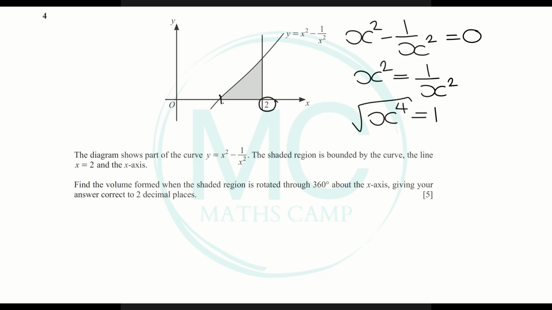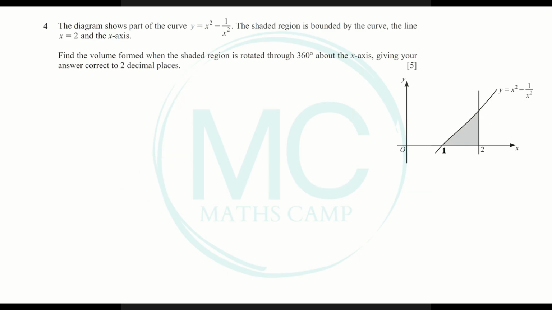Now we can root 4 on both sides, and we see that x could be equal to positive or negative 1. But this curve intercepts the x-axis to the right of the y-axis, where x is positive, which means this value is 1. Now that we have our restrictions, let's make some space, and we can consider our equation.